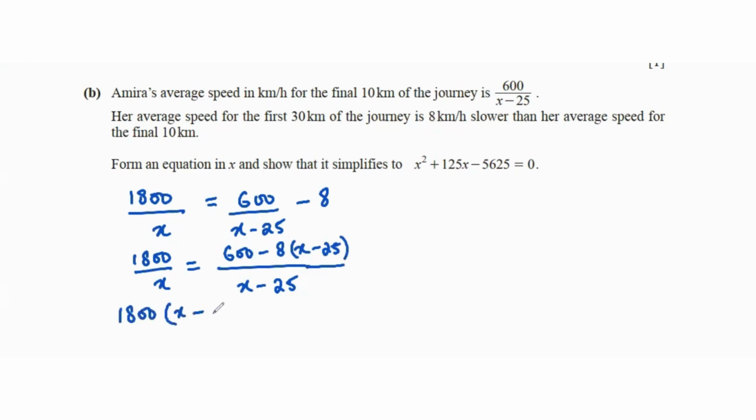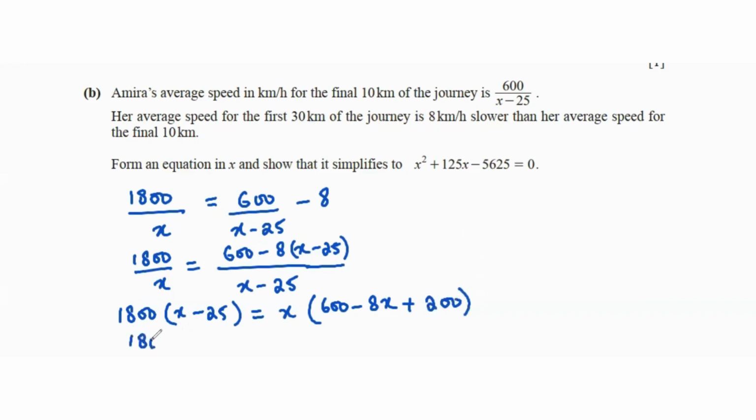Then we cross multiply to get rid of the fraction. 1800 times X minus 25 equals X times 600 minus 8X plus 8 times 25, which is going to be 200.